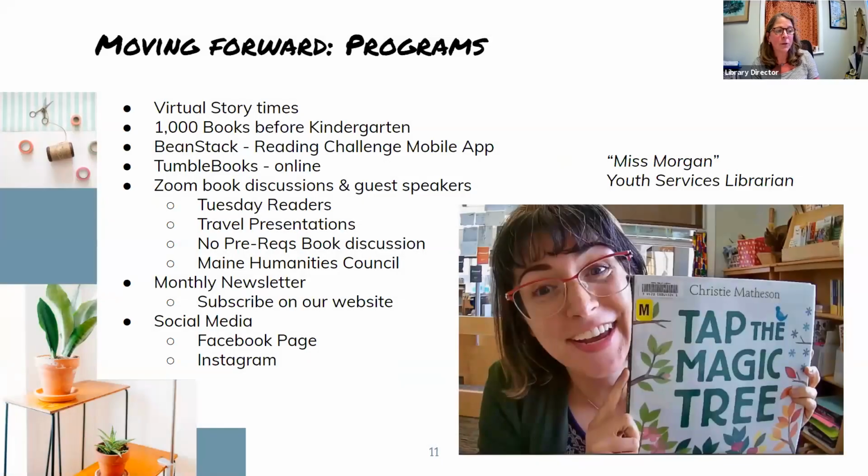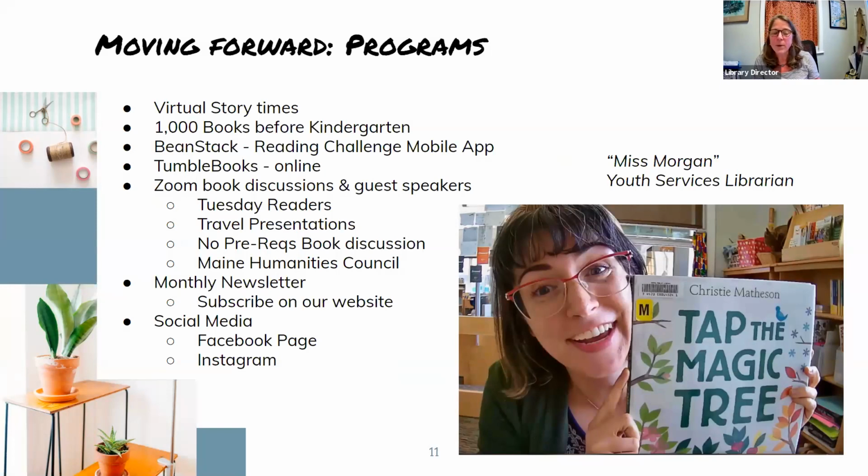So moving forward, what are our programs? There's Miss Morgan, who has been doing weekly story times Thursday morning at 11 from her office virtually. And those, we're gathering statistics, but they look like they're being enjoyed by a number of people. She's starting the 1,000 Books Before Kindergarten program.